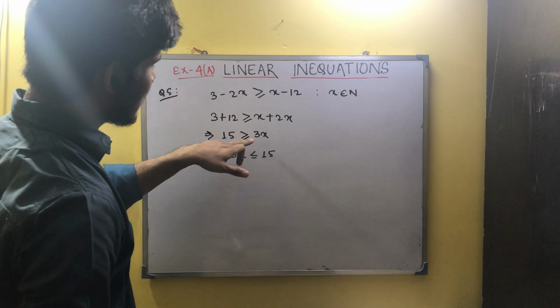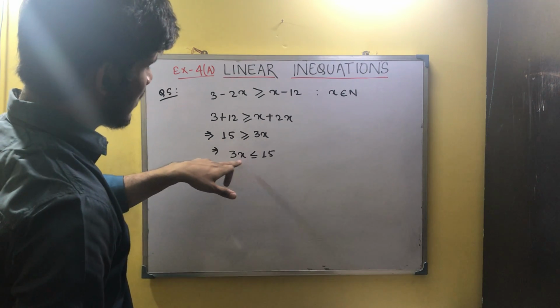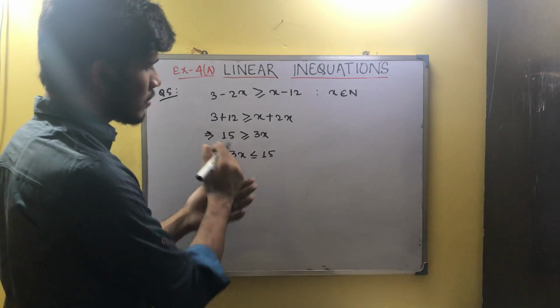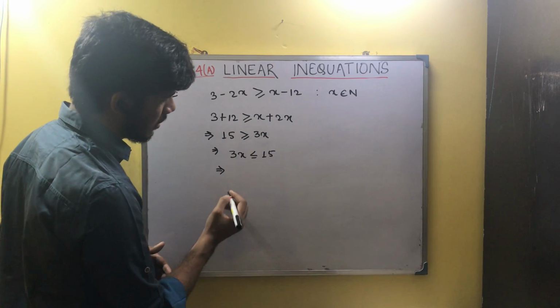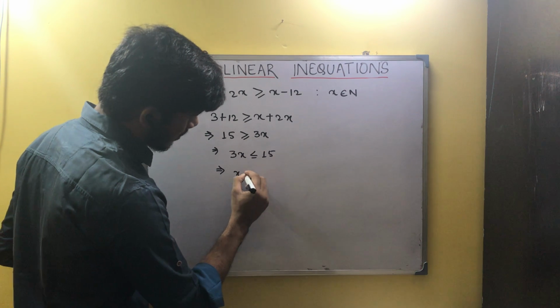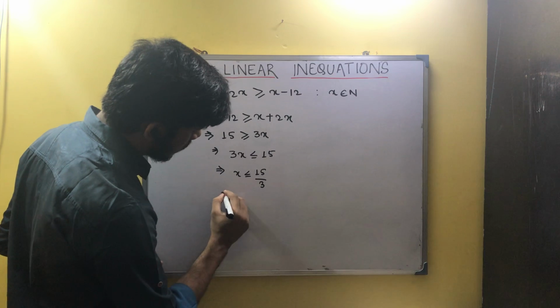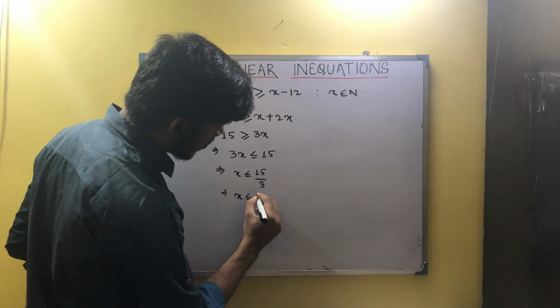There's no operation, I have just reversed the writing sense of the inequation. Now it becomes x is less than equals to 15 upon 3. That gives you again x is less than equals to 5.